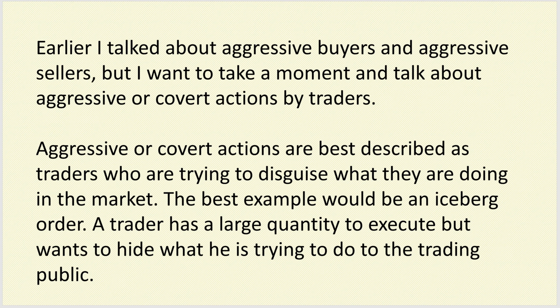And earlier I talked about aggressive buyers and aggressive sellers, but I want to take a moment and talk about aggressive or covert actions, if you will, by traders. Now, when you think of aggressive actions, you think of people lifting the offer, people buying at the market, but there are aggressive actions that traders can take when they're trying to disguise what they're doing in the market. Now, aggressive actions is different than aggressive buyer or aggressive seller.